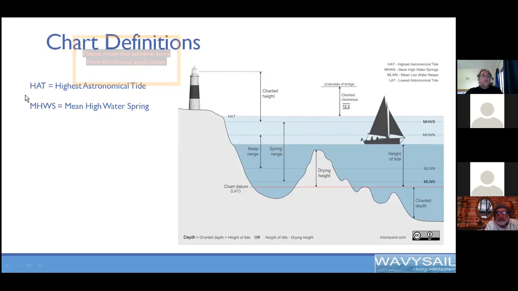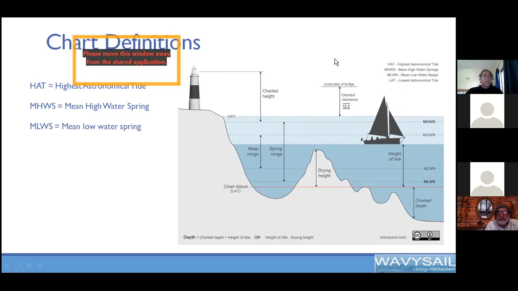Now these are quite important, because the height of a lighthouse is measured from your mean high water spring level, whereas the underside of a bridge is measured from HAT level. So if you're trying to clear a bridge with a mast, make sure you calculate from HAT, the water below HAT.